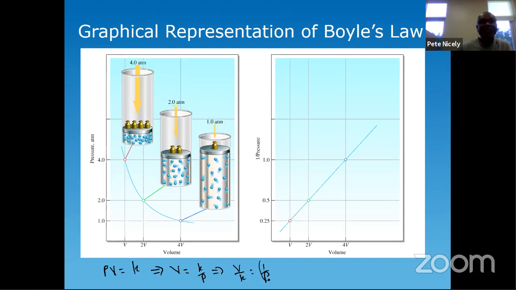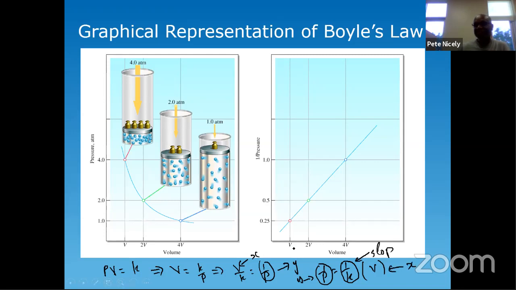If 1 over P represents the Y axis and V represents the X axis, then 1 over K would be the slope. So let me rewrite this as 1 over P is equal to 1 over K times V. All right, so this would be the Y, 1 over K would be the slope, and V would be on the X axis.